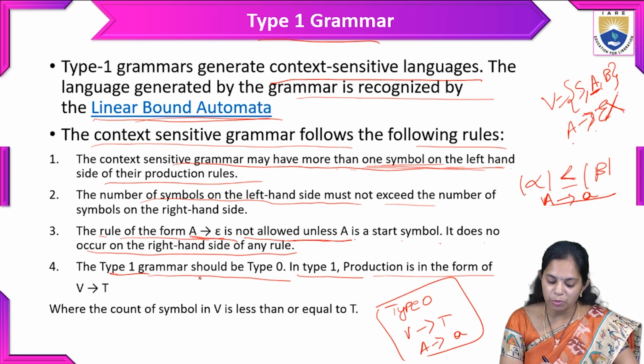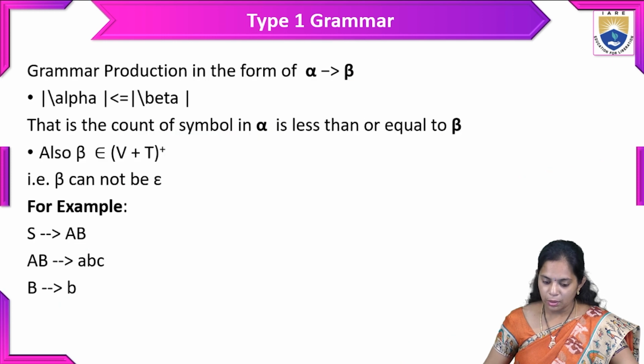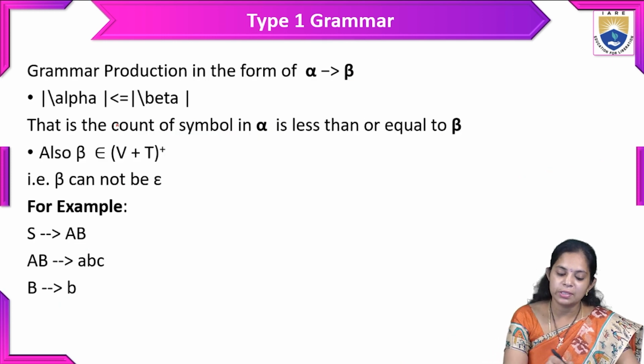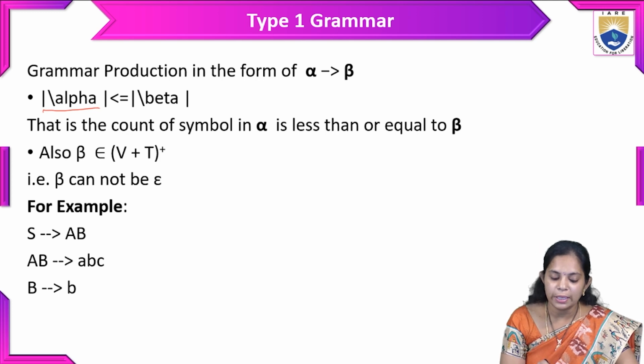That's why the type 1 grammar should be type 0, and in type 1 production is in the form of V tends to T, where the count of symbols in V is less than or equal to T. So for type 1 grammar, the condition is that the length of alpha is less than or equal to beta.